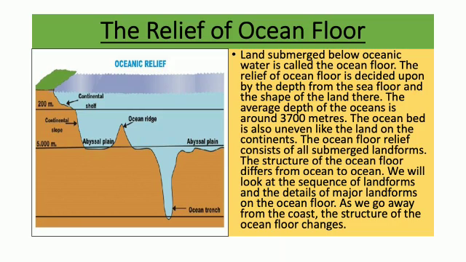The average depth of the ocean is around 3,700 meters. The ocean bed is also uneven like the land on the continents. Children, on the continents we can see different types of landforms. We can have mountains, hills, plateaus, the plain land.